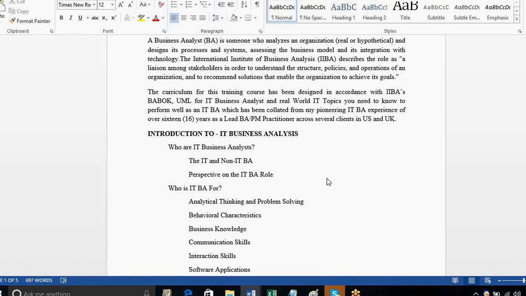Let's say, for example, in a finance domain, we're building an application for an ATM machine.